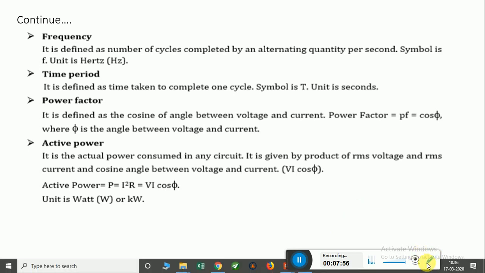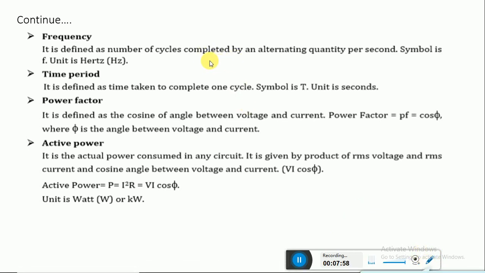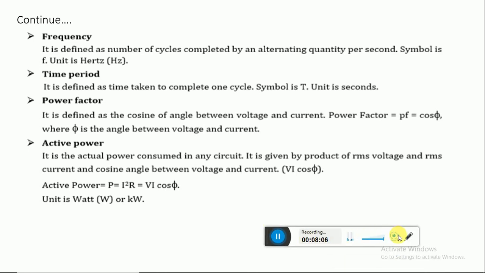So if we write an equation over here, f is equal to 50 Hz.